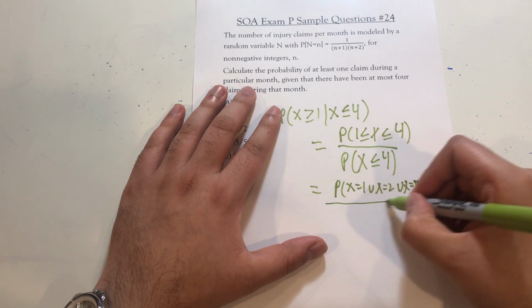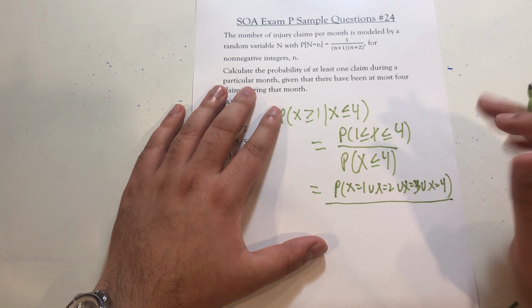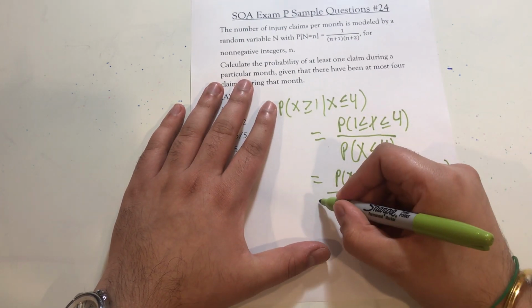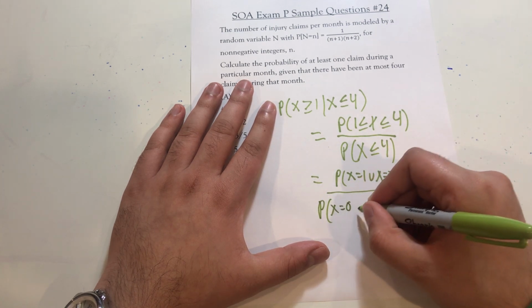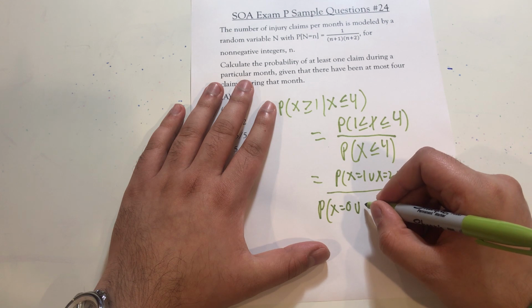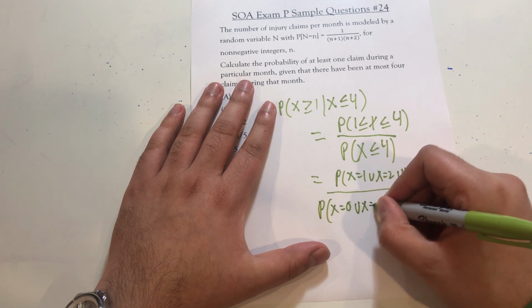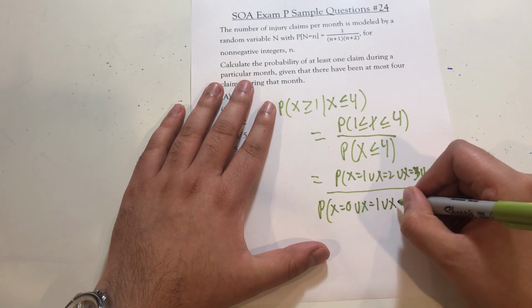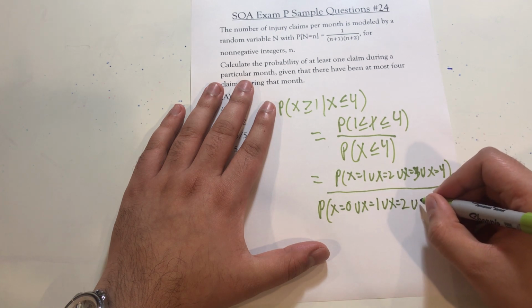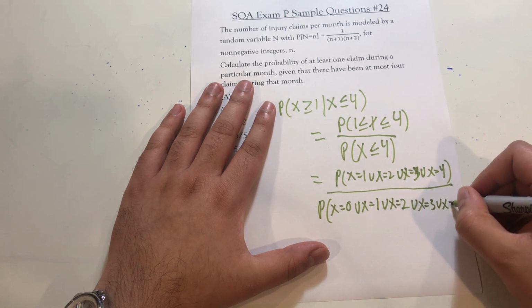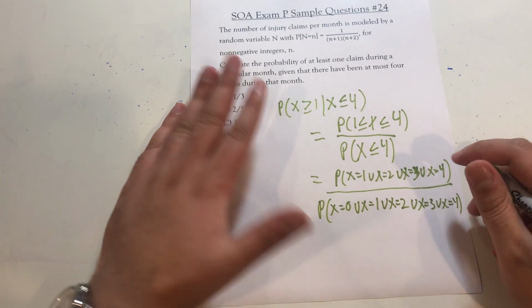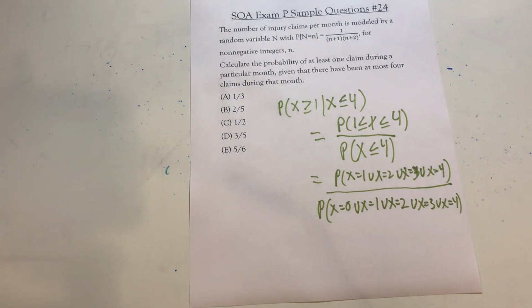The probability that your claims are at most 4 is the probability that the number of claims is either 0, or 1, or 2, or 3, or 4.